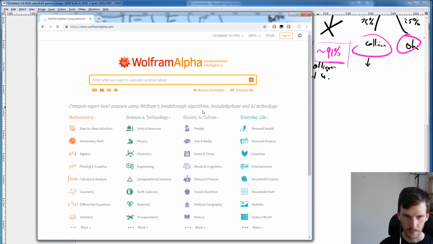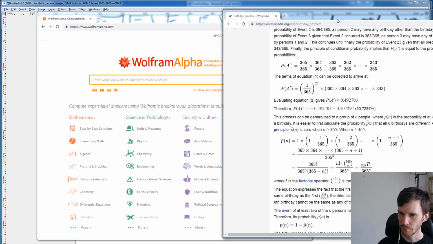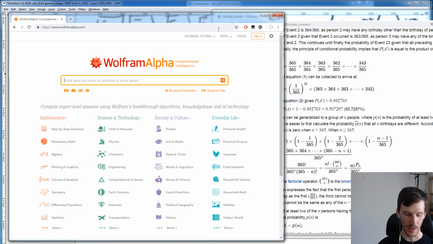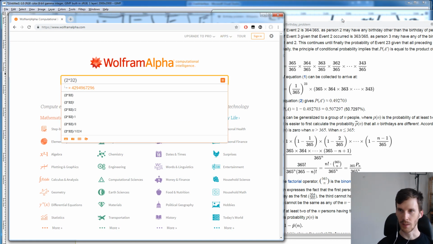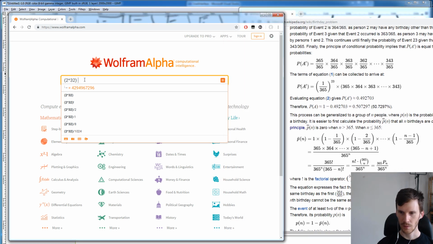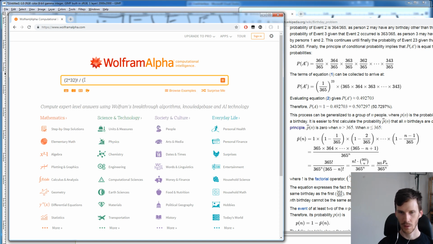Okay, so we're going to use this formula here because it's easier to type. And let's just say we have 2 to the 32 factorial divided by 2 to the 32 to the n.